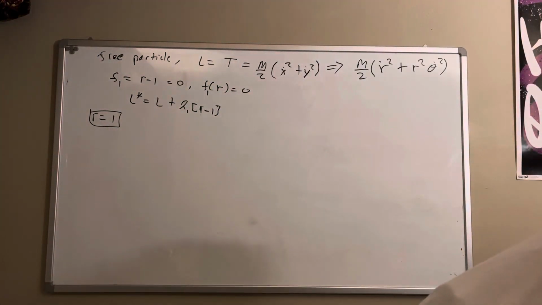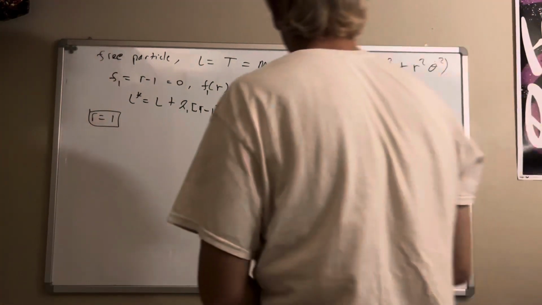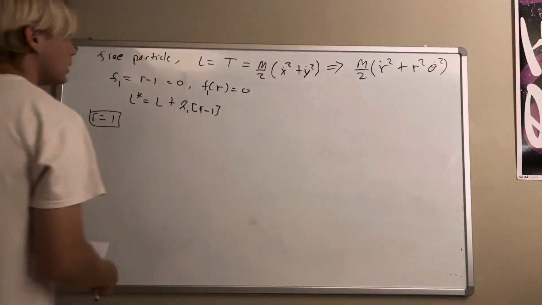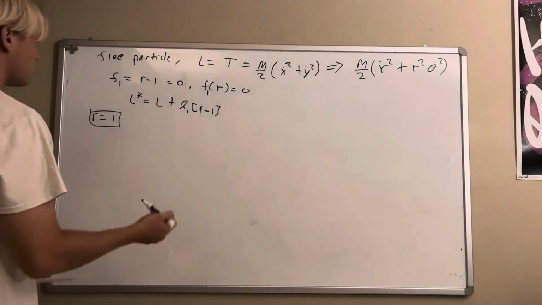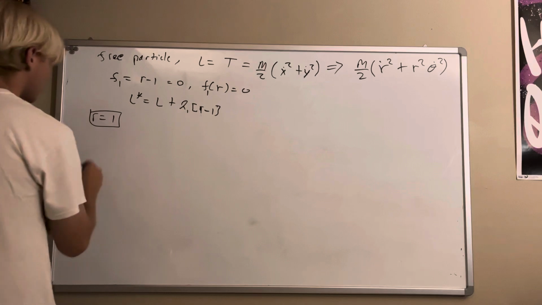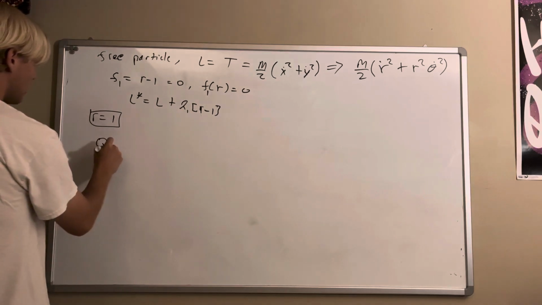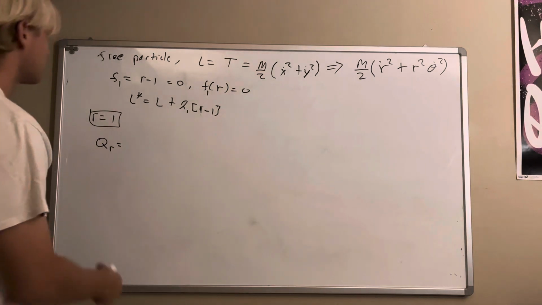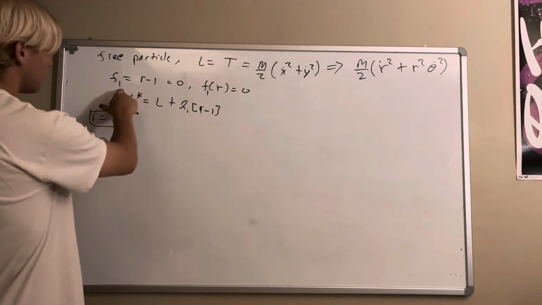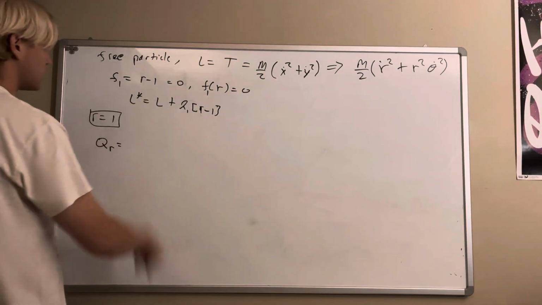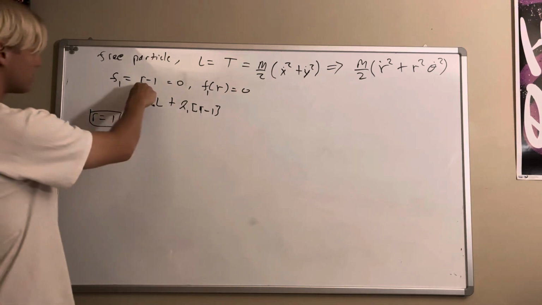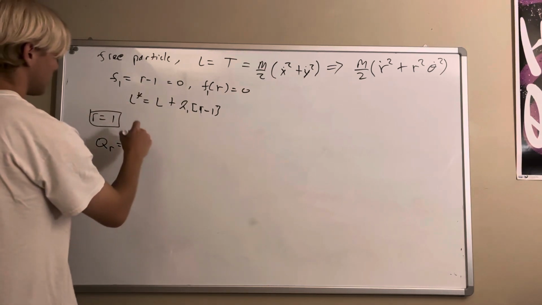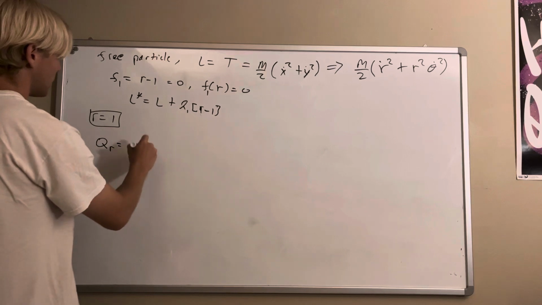Where is it? So what do we get? Well, let's do the Q's. Qr is just the derivative of f with respect to r, which is 1. So it's lambda 1 times 1.